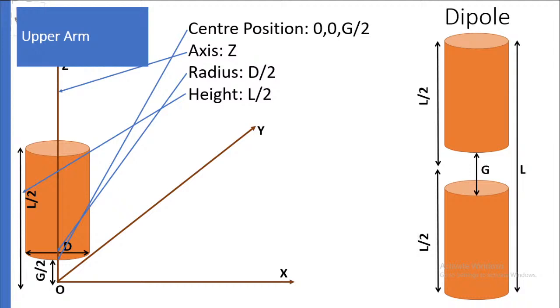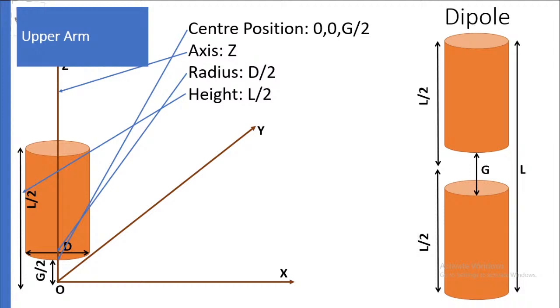The radius of the upper arm is D by 2, because the diameter of the dipole is capital D, so the radius is capital D by 2. The total length is L by 2, so the arm length will be L minus G divided by 2, or L by 2 minus G by 2. That is the length of the upper arm.